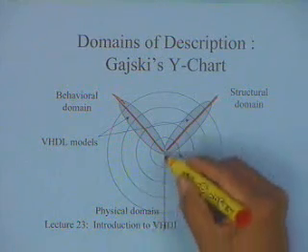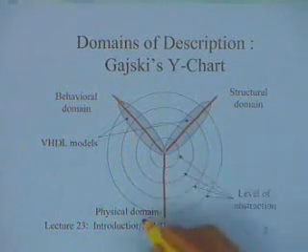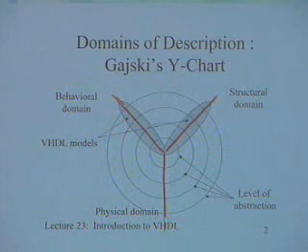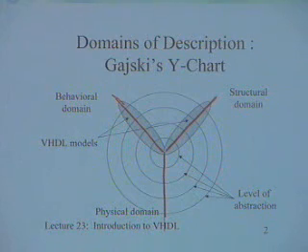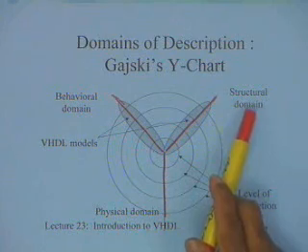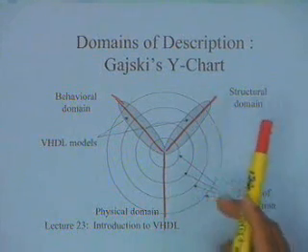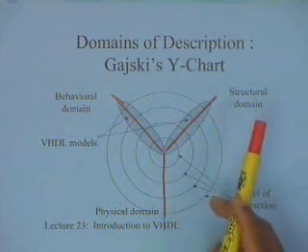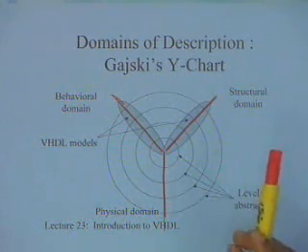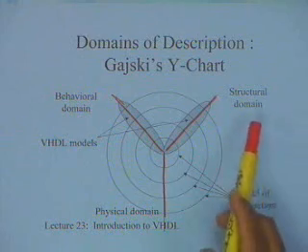There is a third view of the circuit design, which is the physical domain, which actually includes the position of the components, the position of the wires, the interconnection of the wires. So now it's much more than the structure. The structure does not talk in terms of, when you draw a circuit diagram of your board, you are not really bothered about where physically, at which coordinate, a particular component is located.